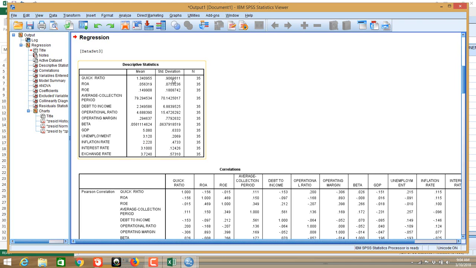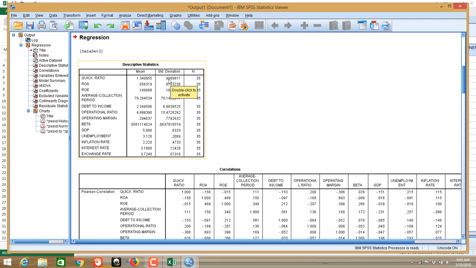So what does standard deviation tell you? Standard deviation basically tells you the dispersion. You know dispersion? You never studied statistics? Put it this way: how volatile are you? Volatile means how unpredictable are you. That's what we use standard deviation for. So standard deviation here is about 0.9. It's quite volatile, you see?